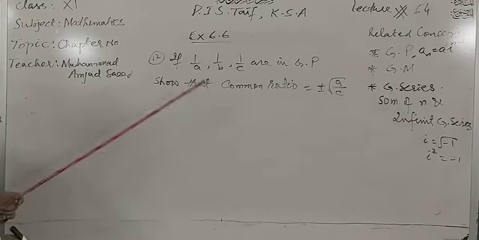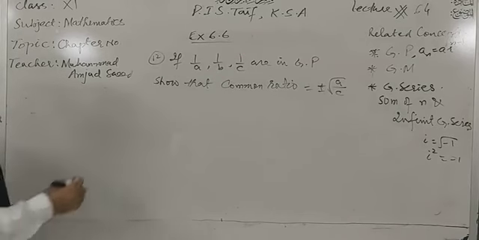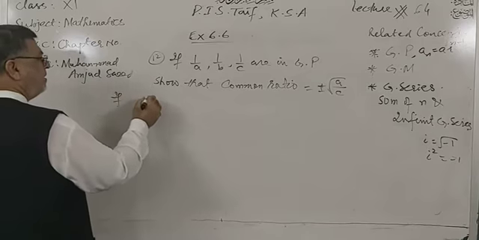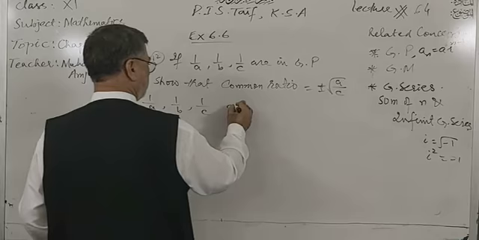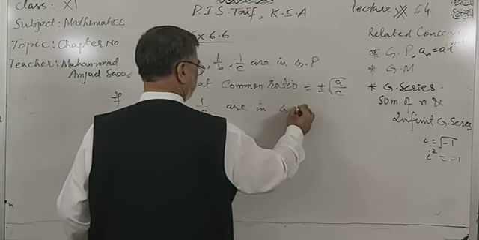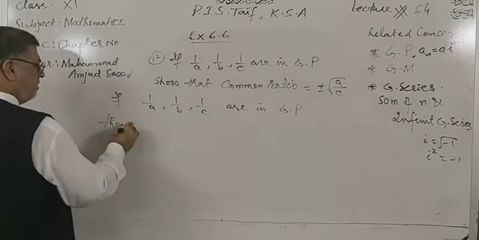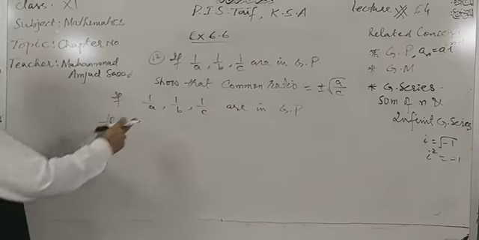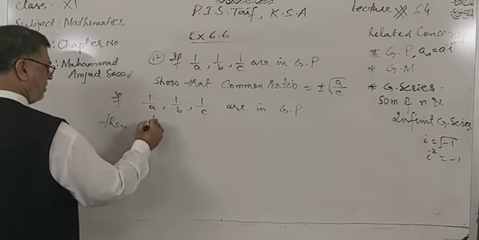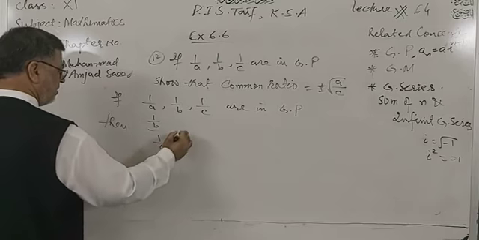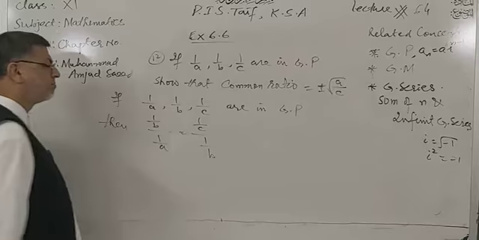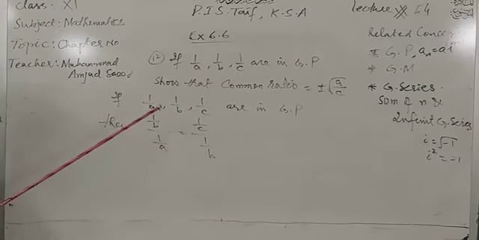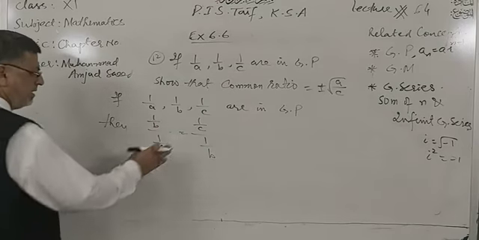Dear students, you know that these numbers are in GP. If 1 over A, 1 over B, 1 over C are in GP, then second over first is equal to third over second.